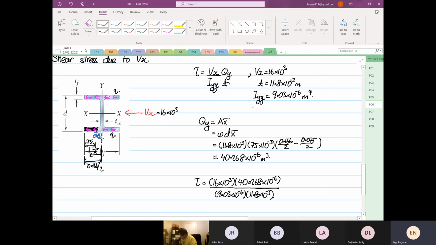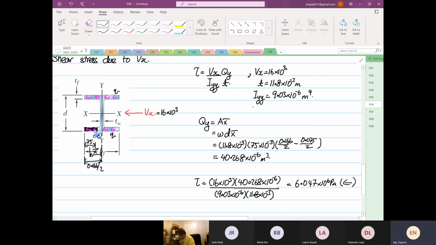Okay, so this will be equal to 16 times 10 to the power 3 times 40.268 times 10 to the power minus 6 divided by 9.03 times 10 to the power minus 6 divided by 11.8 times 10 to the power minus 3 is equal to 6.04647 times 10 to the power 6 Pascal.